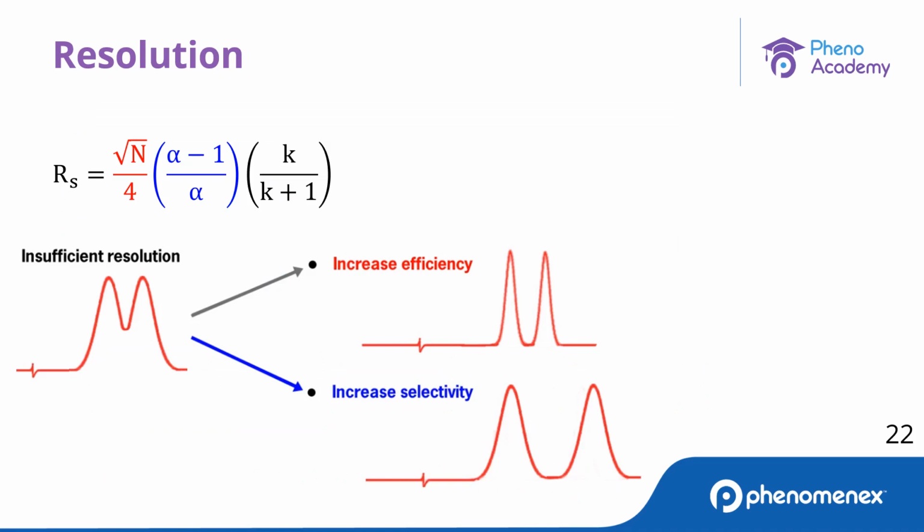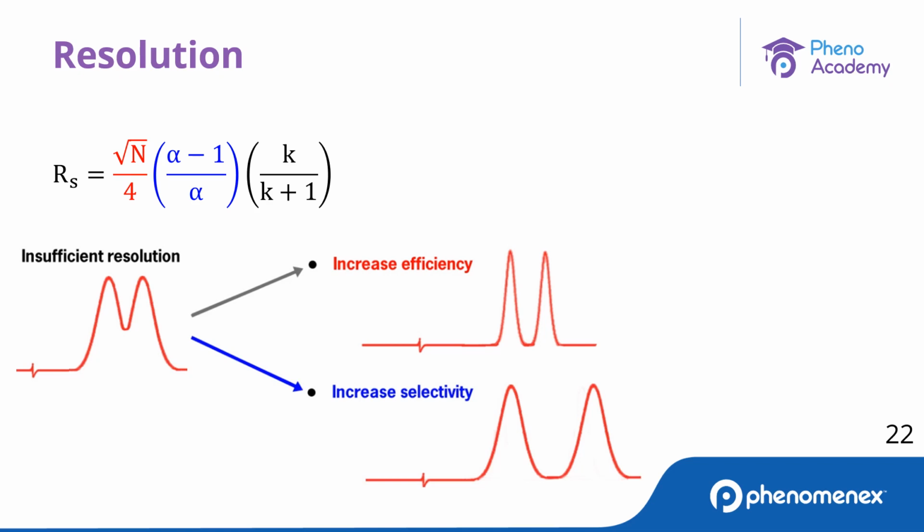As I mentioned before, resolution describes the degree of baseline separation of peaks. And to demonstrate that, here you can see what increasing efficiency or increasing selectivity looks like. So when you start with insufficient resolution, you see these two peaks, they overlap, so analytes are co-eluting.